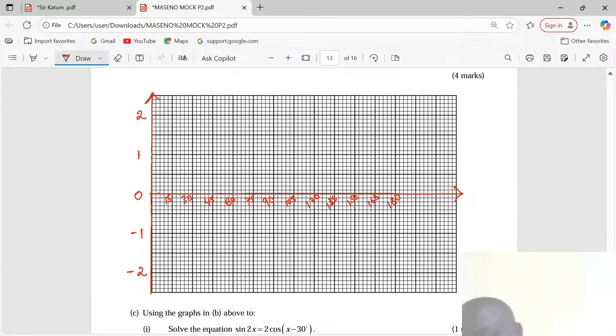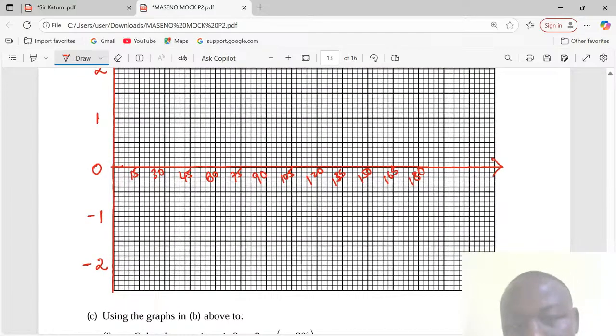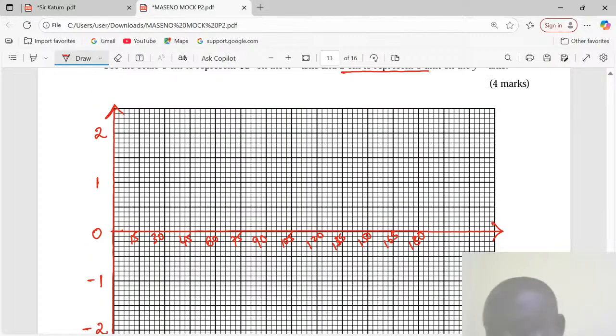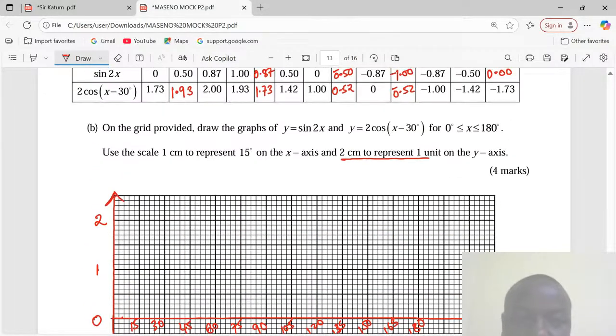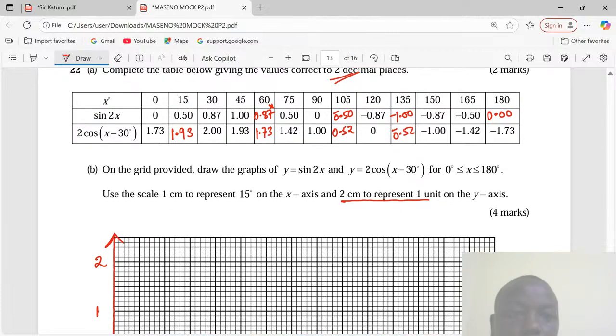So I might be using very small numbers, but please listen to me very carefully. I'm mentioning everything that you need. That is the interpretation of the scale. Now we can plot.